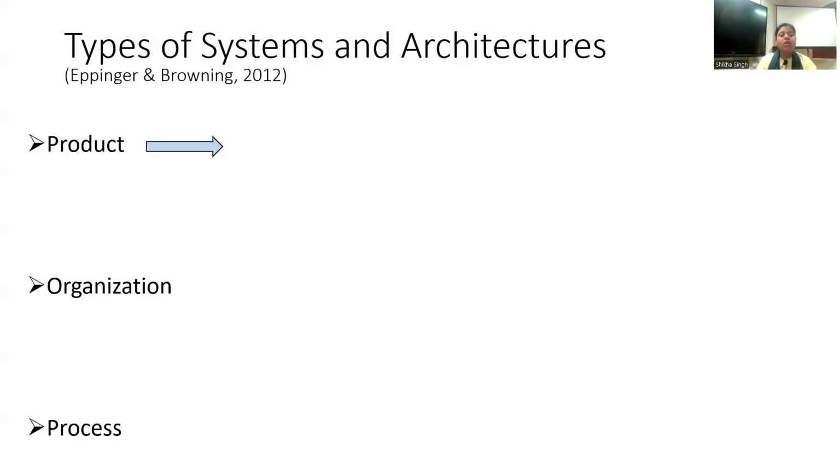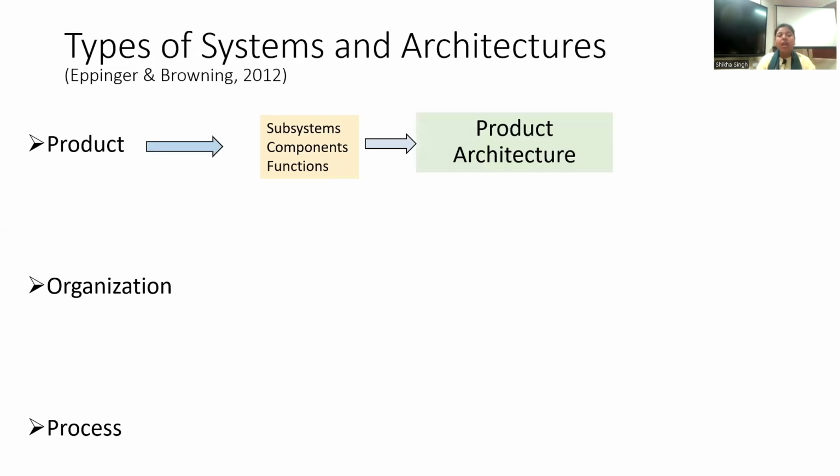If I try to see what is there in the product structure or product architecture, we'll see subsystems, components, and functions, or there may be some more things you may list down based on experience. This gathers together, and when we arrange or order all these things in a systematic and logical manner, then we say it is the product architecture.